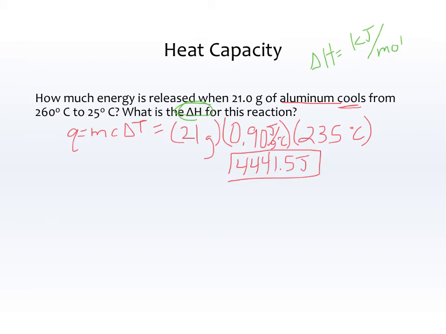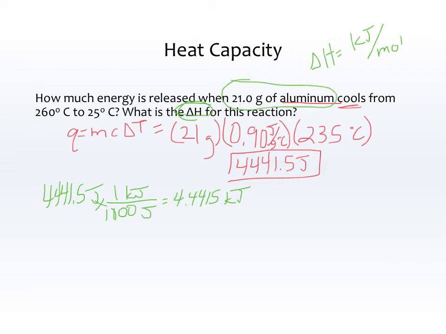I'm going to change that first. 4441.5 joules, at 1,000 joules per kilojoule, gives me 4.44 kilojoules. Now that's how many kilojoules per 21 grams of aluminum, but not how many kilojoules per mole of aluminum.